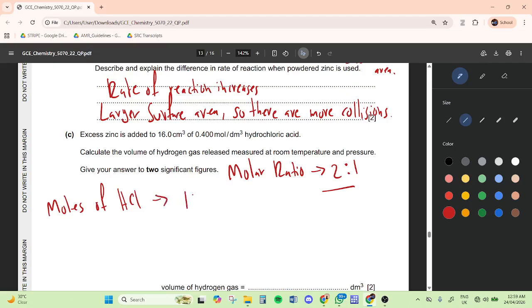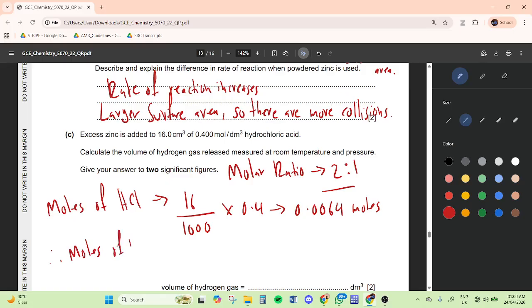So it's going to be 16 by 1000 times 0.4, which gives you 0.0064 moles. So moles of H2 will be 0.0064 divided by 2, since HCl to hydrogen is 2:1.